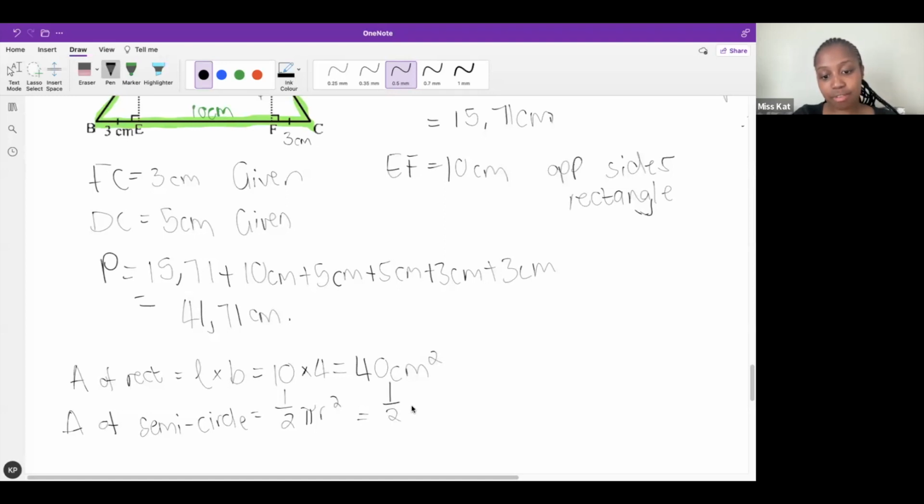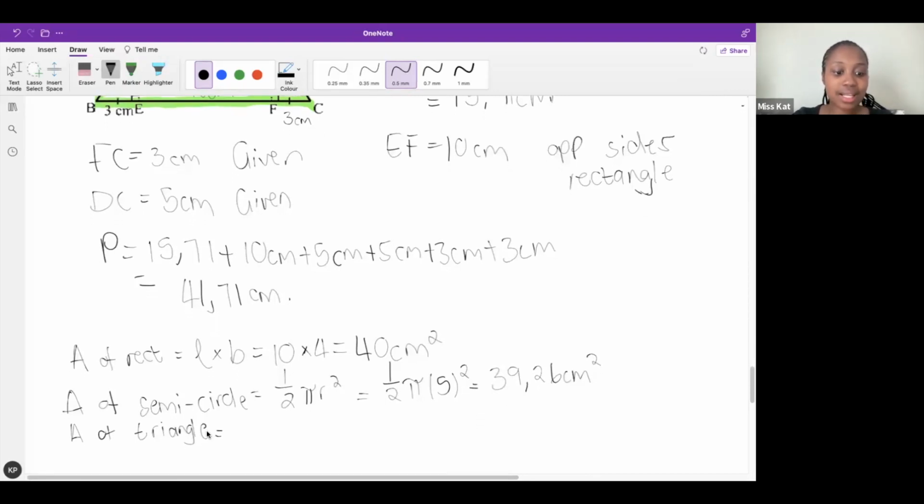So it's a half of pi times 5 squared. In your calculator quickly. 39.26 centimeters squared. Nice. We're left with 2 triangles that are exactly the same.